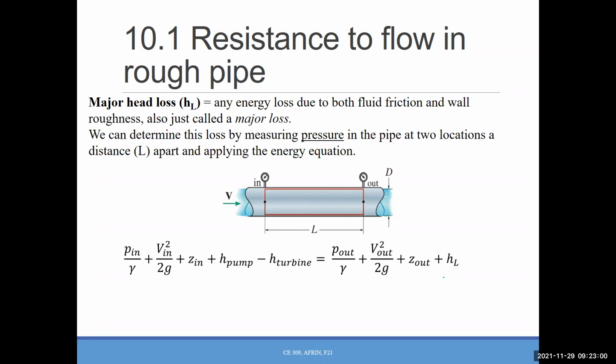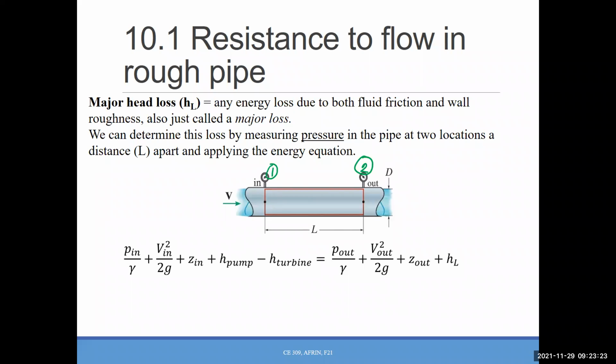This is the energy equation, the most comprehensive one with turbine, pump and everything. We will consider a section of circular pipe, point 1 and point 2, in and out. It's a uniform cross-section pipe, so there is no change in diameter.